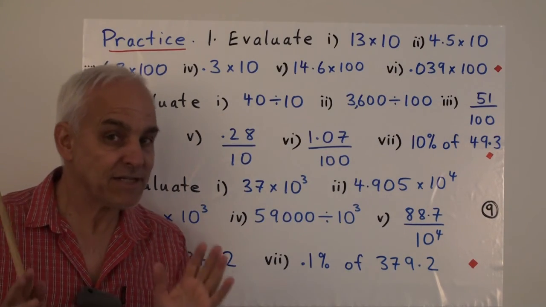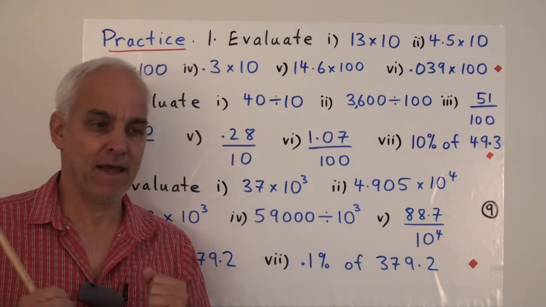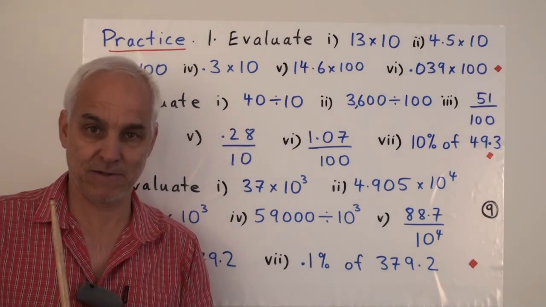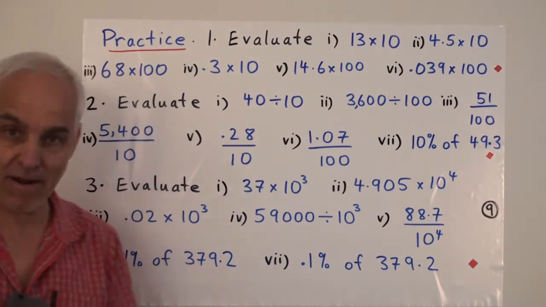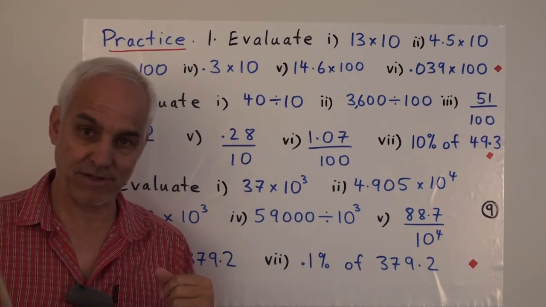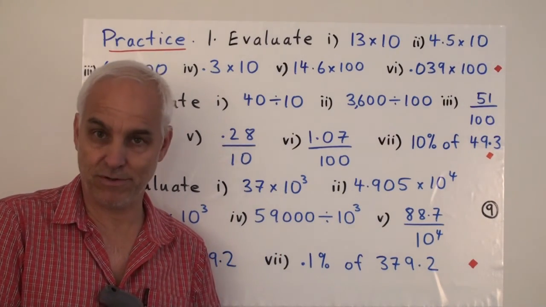So part of scientific notation is to develop an appreciation for the relative orders of magnitudes of things. That's actually kind of fun because there are lots of interesting big numbers in our world. There are lots of interesting, really small numbers in our world.